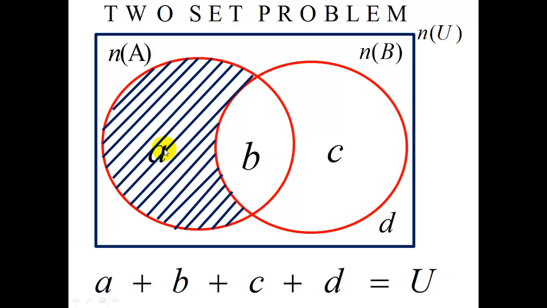Now the region A is the shaded region. That is the region that represents the number of students who read only Agric. Now, number of A is the number of students who read Agric. But the A itself, that is the shaded region, represents the number of students who read only Agric.